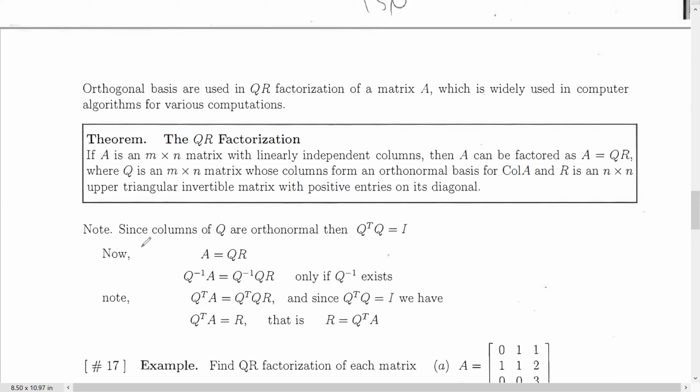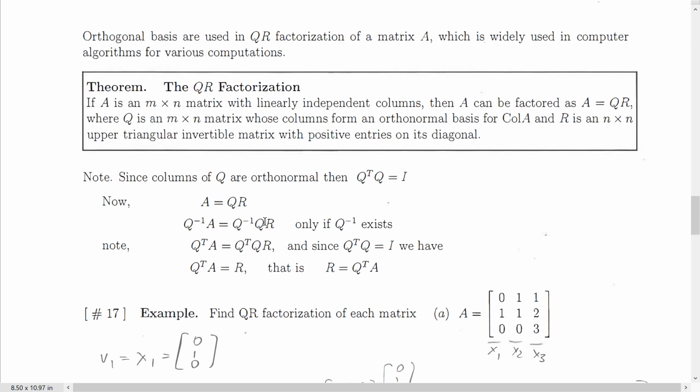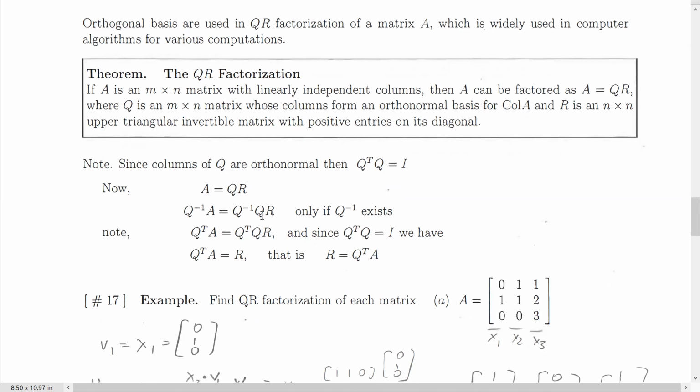All right, since columns of Q are orthonormal, then Q transpose Q is the identity matrix. To understand this, I'm going to show you. Say matrix Q has orthonormal columns.